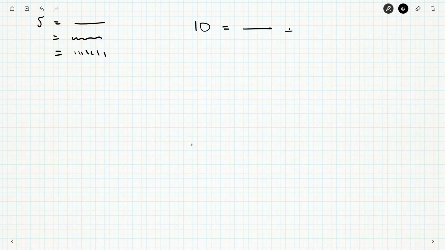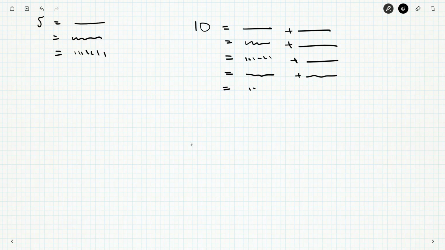I was going to say, can't we just use, like, if we got 5 is equal to this expression, and this expression, and this expression, then couldn't we get 10 being equal to this plus this, and this plus this, and this plus this, and this plus this, and this plus this. These are the squiggly ones, by the way. And this plus this. Or is there going to be some sort of overlap here? Am I going to be double counting?